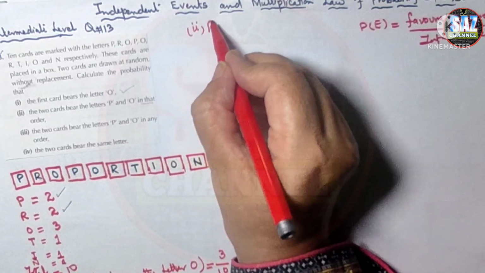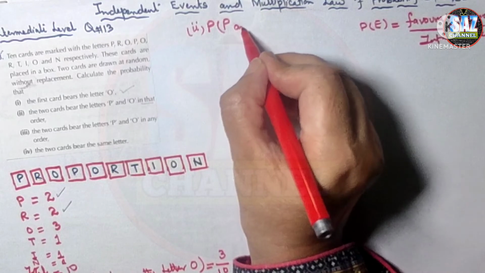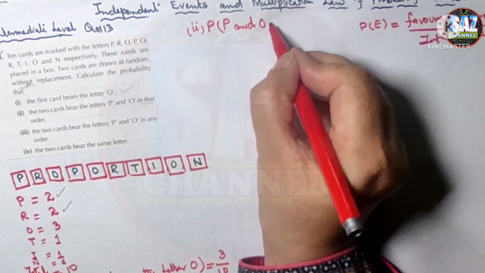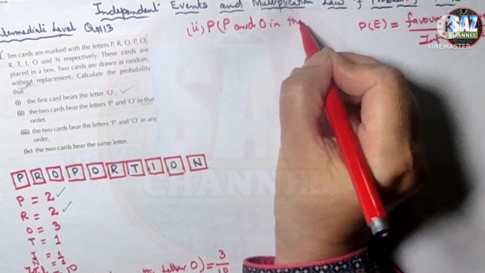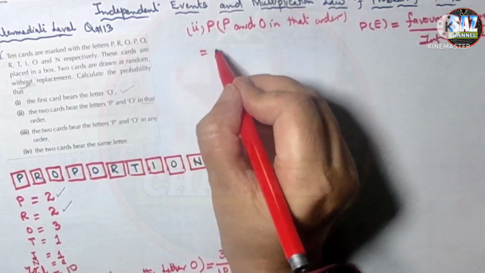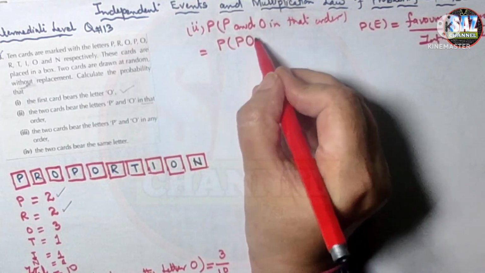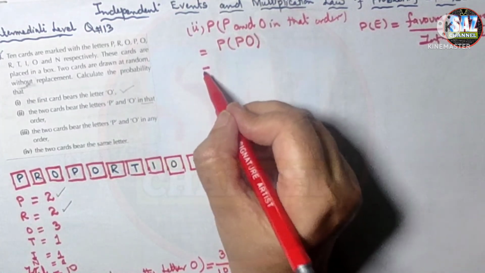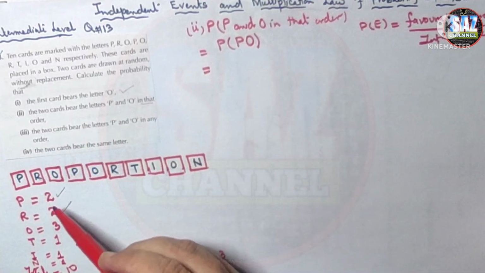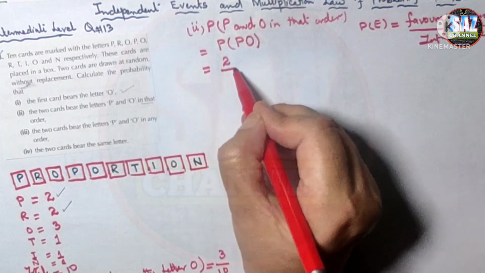So the probability that P and O in that order. It means that we can only pick up P first and O later. The chances of P are 2 by 10.